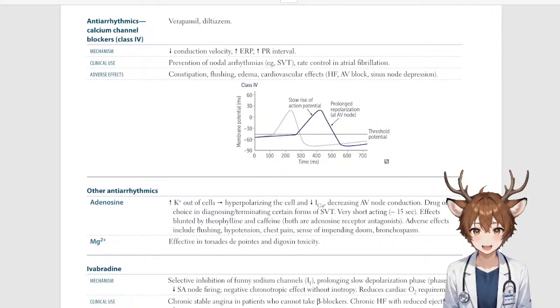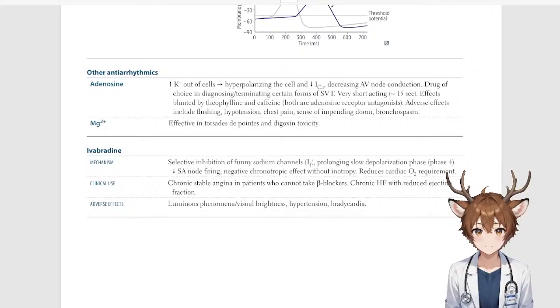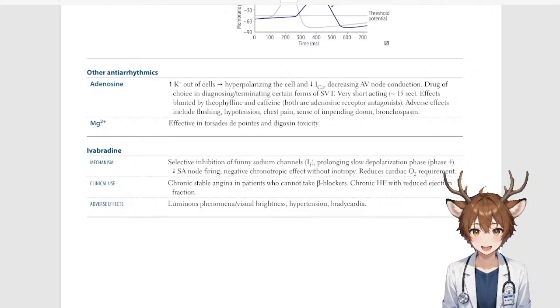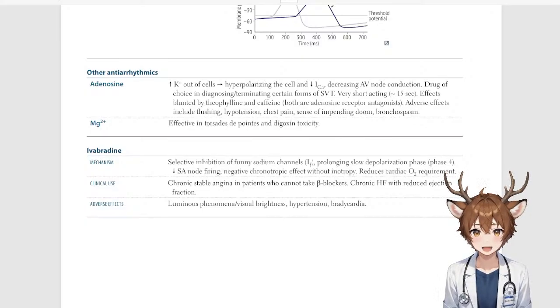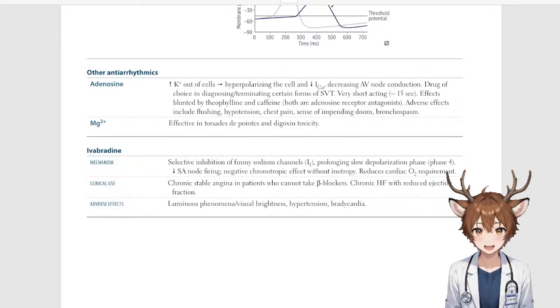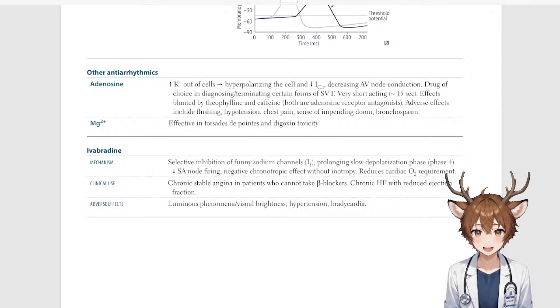And then we go into other antiarrhythmics. That would be, I think, a class 5 in a certain sense. Adenosine, increased potassium out of the cells, leading to hyperpolarizing the cell and a decrease in the ICa. Is that intracellular calcium? I'm not sure. I would assume, but I'm going to look that up if you want to.